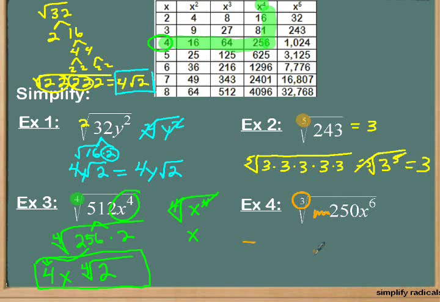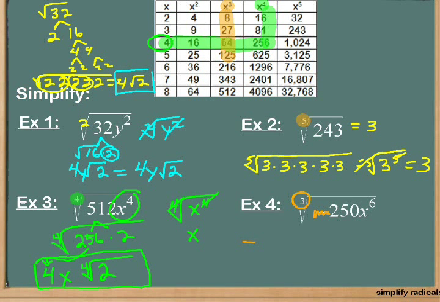250, third. So I've got to go up to the 3 and see if I can take out something from this 250. And as I slide down, I do not see anything that's 250, but I do see that 125, and I know if I double it, that will come out.